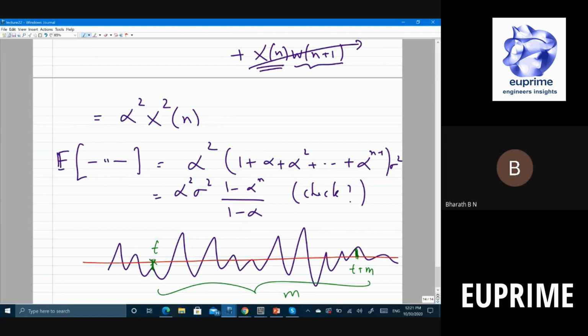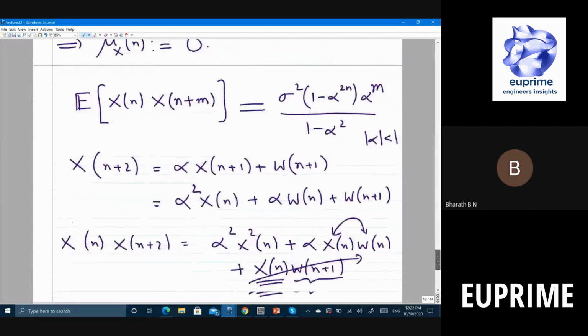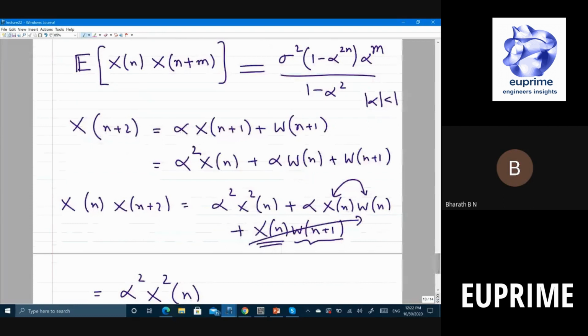So I can replace this by independent random variables and apply law of large number. So it sort of mixes well. It becomes decorrelated after some time. Okay, that is true provided alpha is less than 1. If alpha is equal to 1 or greater than 1, it is not true. Is that okay? Any questions?